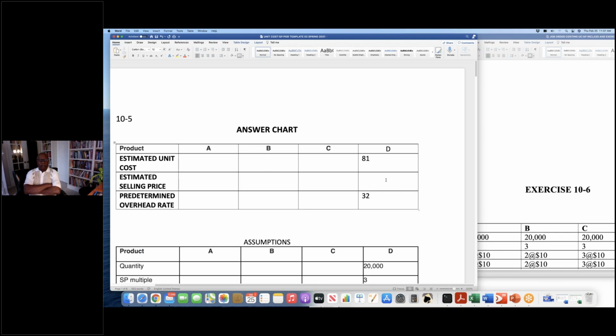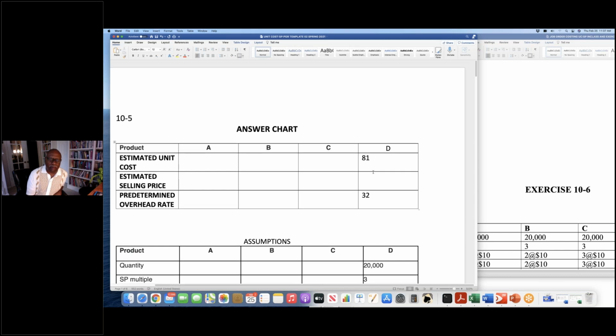It will be the unit cost times 3. So how much is that? Wait, no, that's wrong. I think it's 240. 243. Yeah, it's 240.